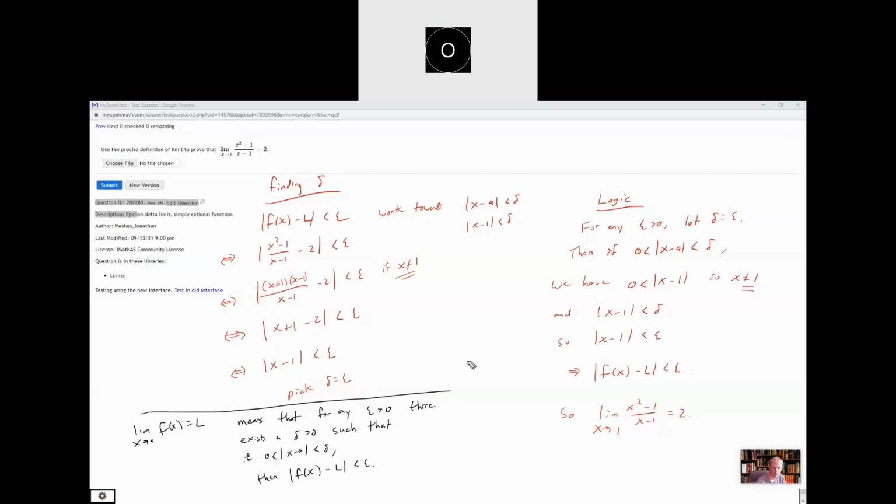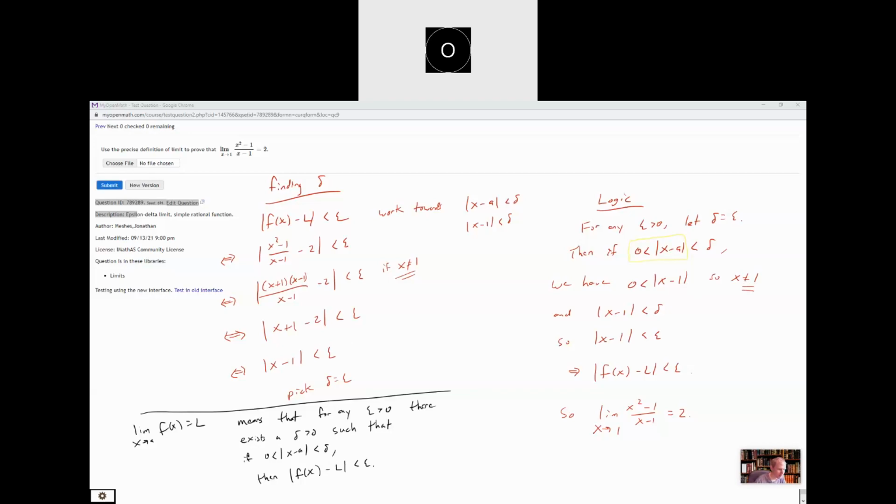So then after that section where we say 0 is less than |x minus 1|, that is mentioned like, if you're assuming 0 is less than |x minus a| less than delta, then I'm going to split off this first portion and say, well, I'm assuming 0 is less than |x minus a|, so that's 0 less than |x minus 1|. That means that x is not equal to 1, right?